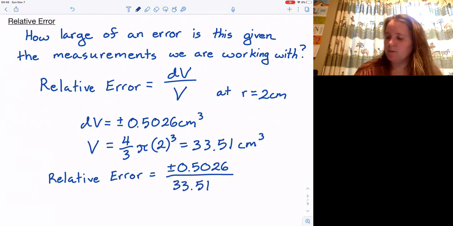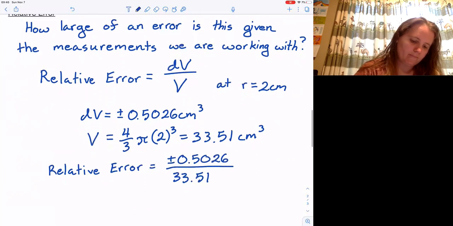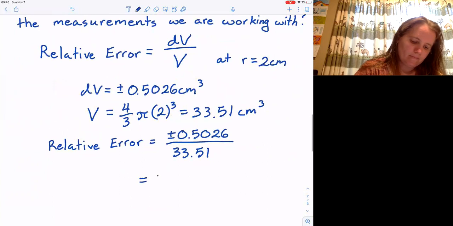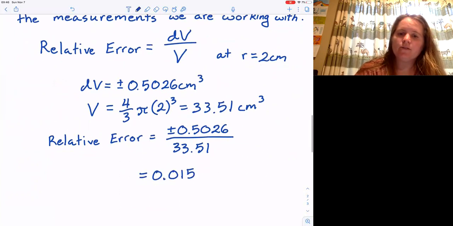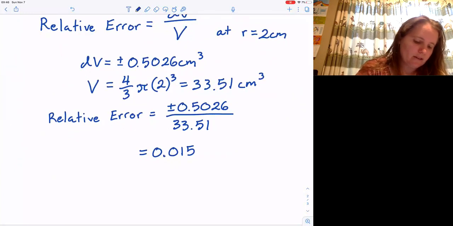Using the precise numbers from my calculator, I wind up with 0.015. And so this is plus or minus.